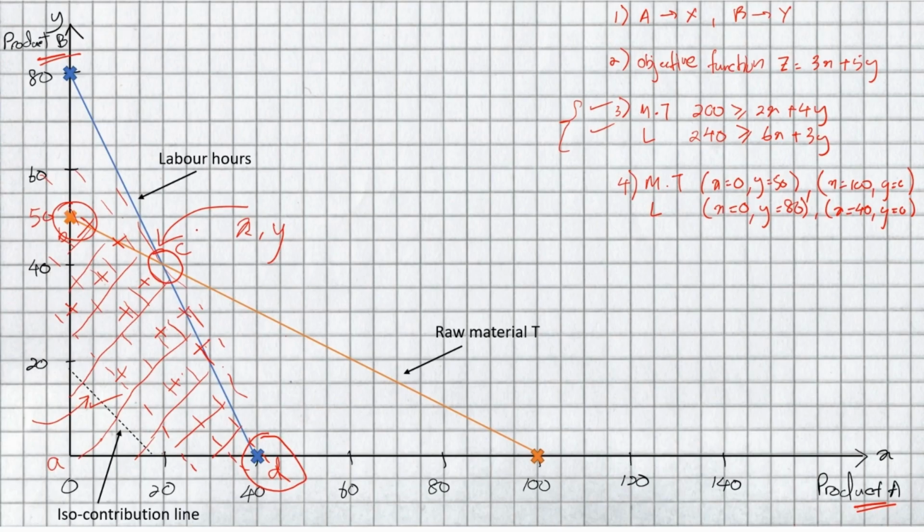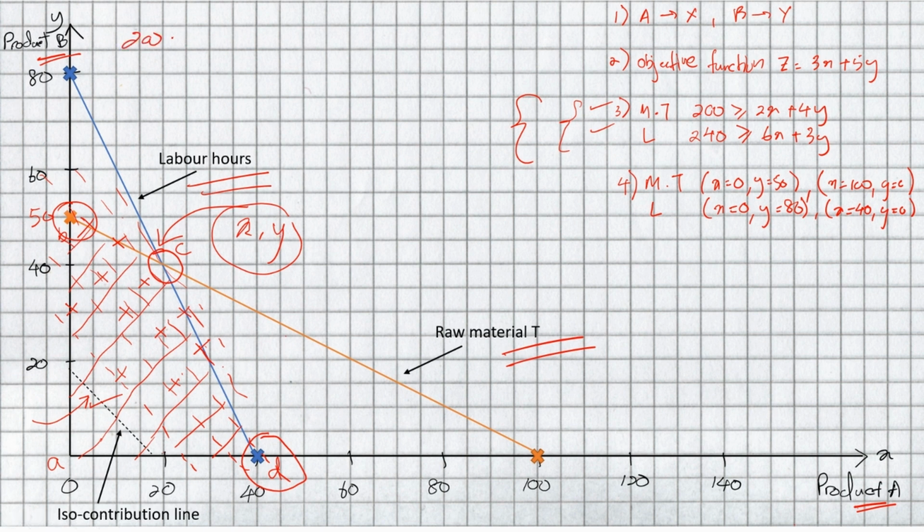Simply, this means the optimal feasible point lies on the labor hours line and the raw material line. So we have to solve the simultaneous equations of labor hours and raw material, which are these two equations. After solving these, we can get the x and y values for the optimal feasible point.